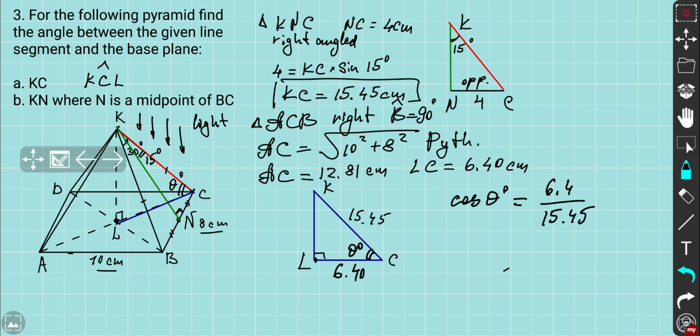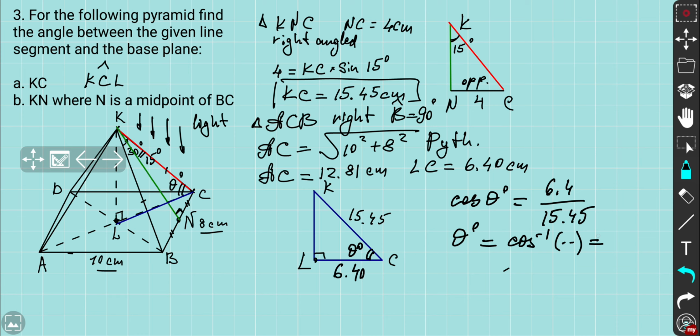From where we can figure out angle theta as cos minus 1 of that fraction, 6.4 over 15.45.